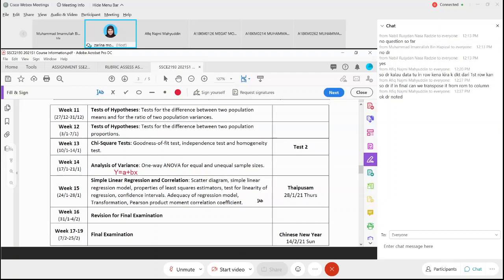Any R value moving towards zero shows the strength is getting weaker between Y and X. If it moves towards one or negative one, the relationship is getting stronger, either in the negative or positive direction.